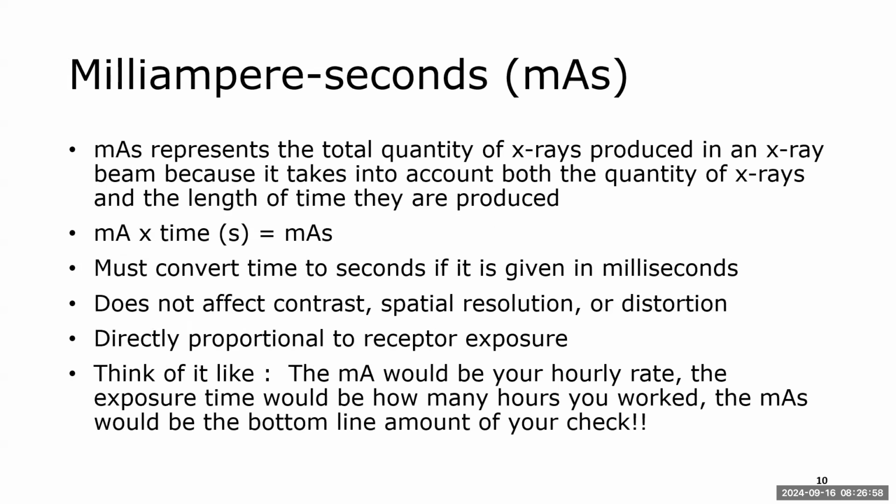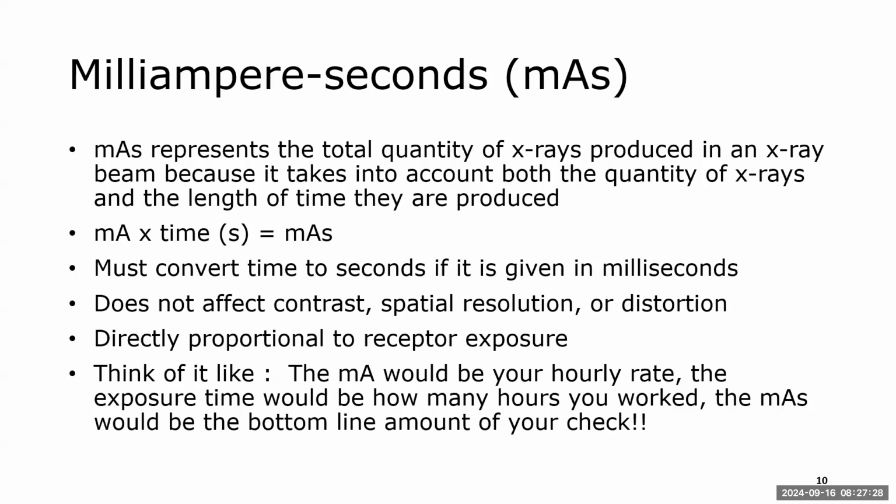So when we put those two things together and we get milliampere seconds, or mAs, again, not to be confused with mass, two totally separate things, then your mAs is going to represent the total quantity of X-rays produced in an X-ray beam, because it's going to take into account both the quantity of X-rays and the length of time that they're produced.